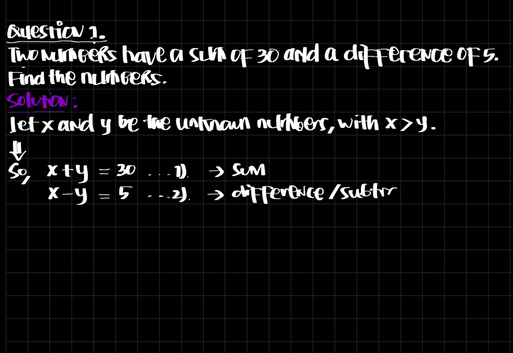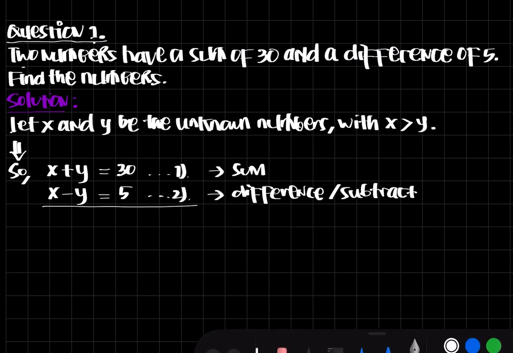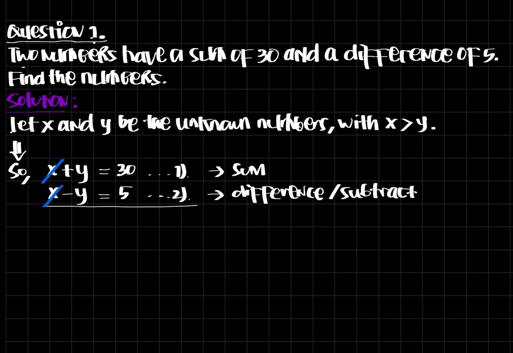So the next step is you have to choose what kind of operation you should apply. If you can see, when you subtract, x is eliminated and it remains y. So then I can subtract this. So y minus y equals 30 minus 5.